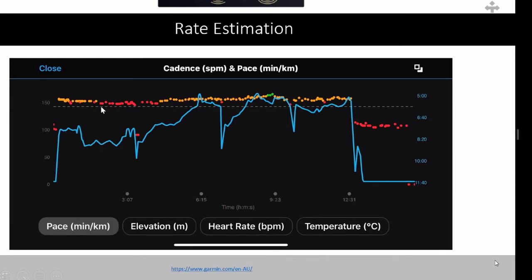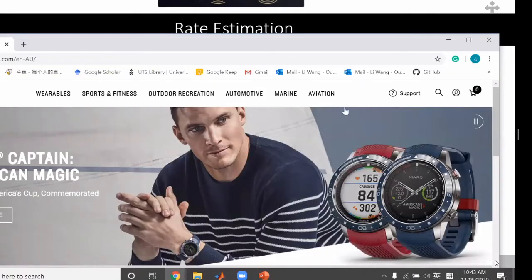This stands for the cadence of your footsteps. That means there are around 150 steps per minute. It's not new technology, but a very popular one. Some of you may have seen this.